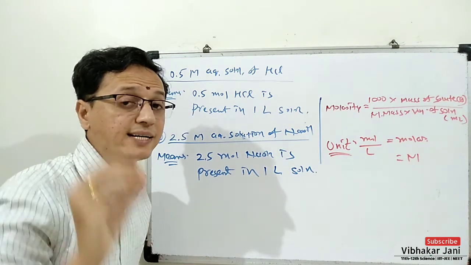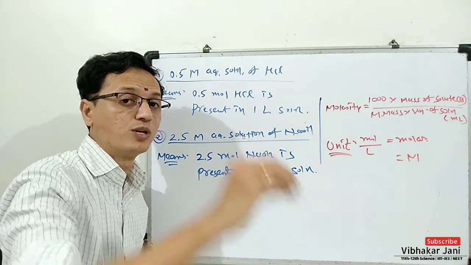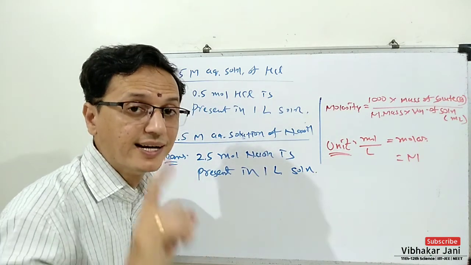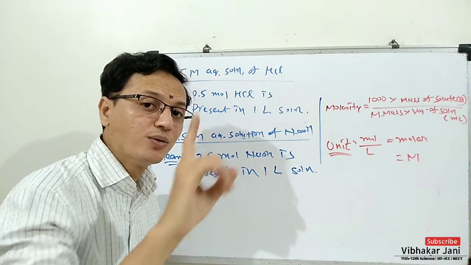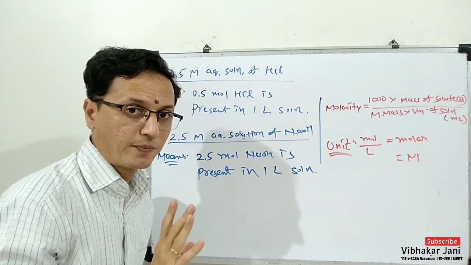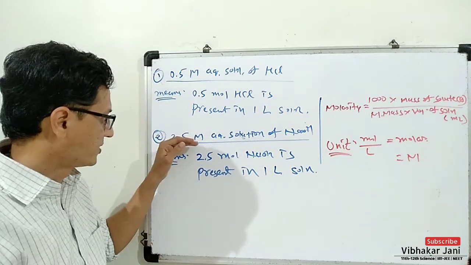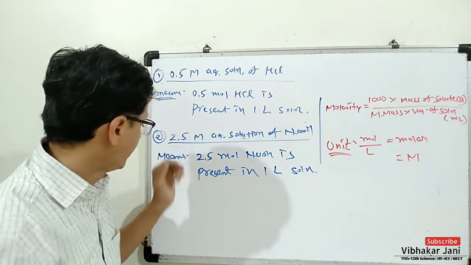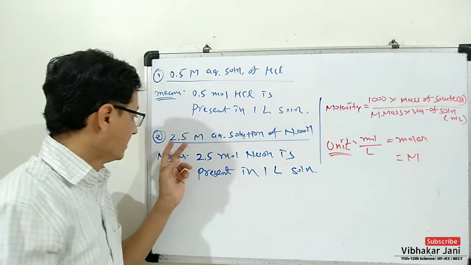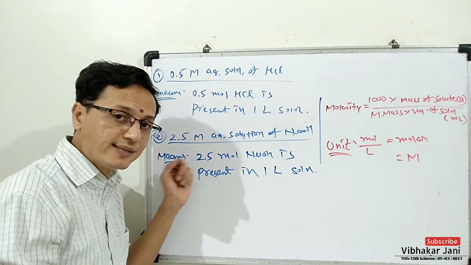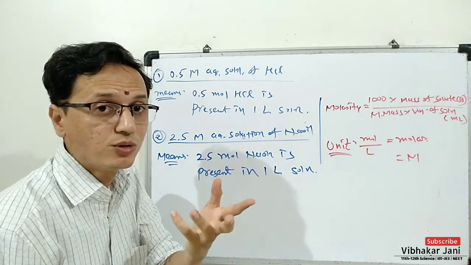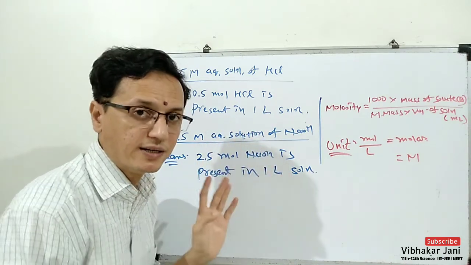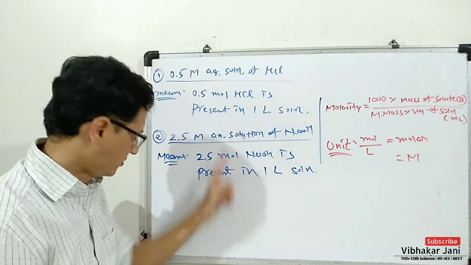If I say X molar aqueous solution of glucose, that means X mole glucose is present in 1 liter solution. So you can interpret such kind of statement: if 2.5 molar is given, then it means 2.5 mole solute is present in how much solution? Answer is 1 liter.